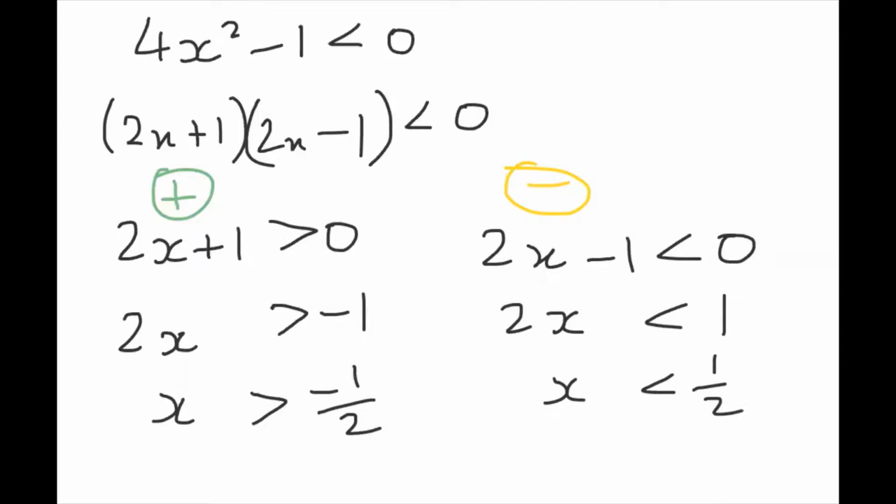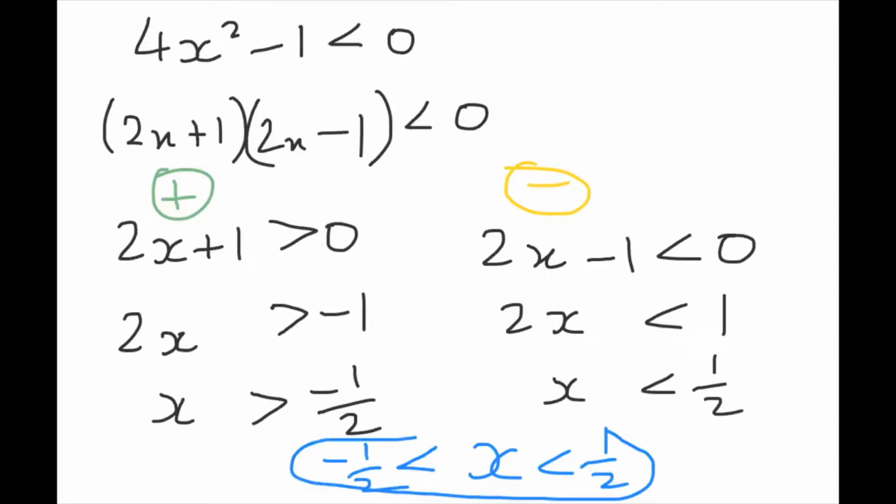So there you have it, but let's just see how we can arrange it. So this says x is greater than minus a half. X is less than a half. So it looks like you can put x in the middle. Say x is less than a half, but x is greater than minus a half. There's the answers. Again, you see what I've done? Let me just remove. So I kept this the same.